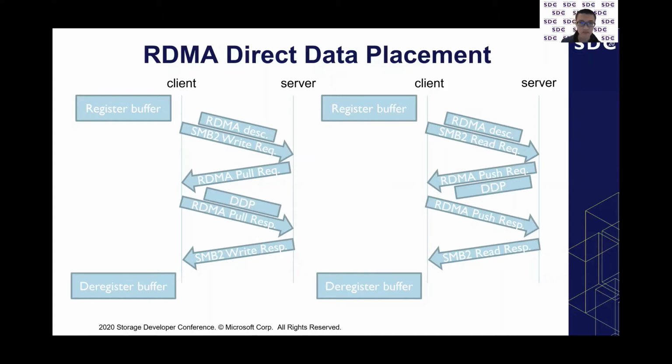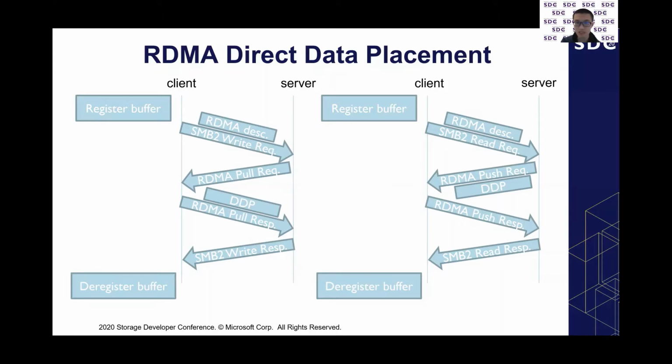Therefore, on the left hand side, this is an example of an SMB write. The client will register the buffer that it wishes to send, so it gets the token. It sends the token along with the write request.